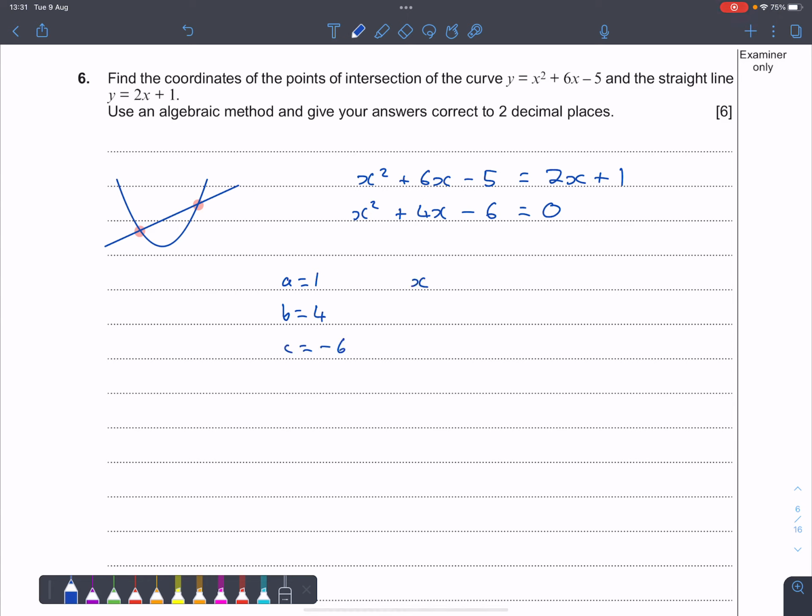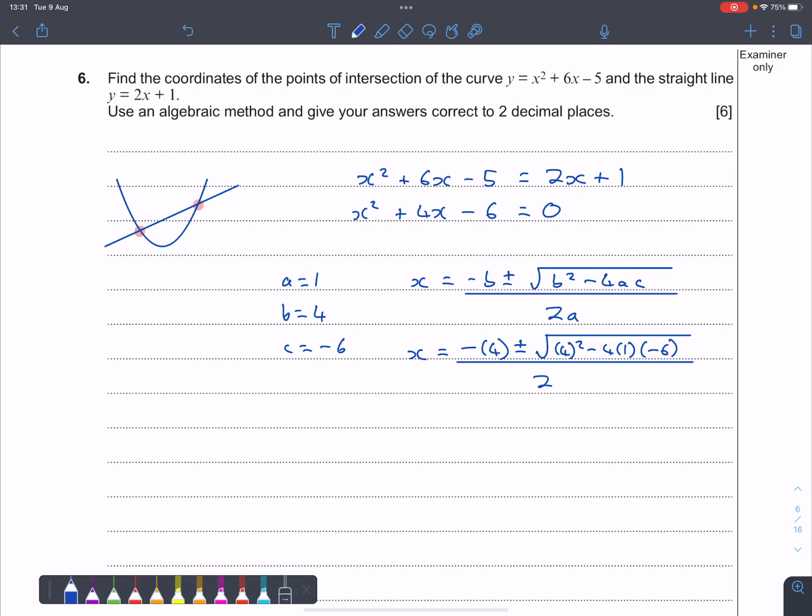So I know that x is going to be negative b plus or minus the square root of b squared minus 4ac, all over 2a. If I make my substitutions, I get negative 4 plus or minus the square root of 4 squared minus 4 lots of 1, lots of negative 6, all over 2 lots of 1.